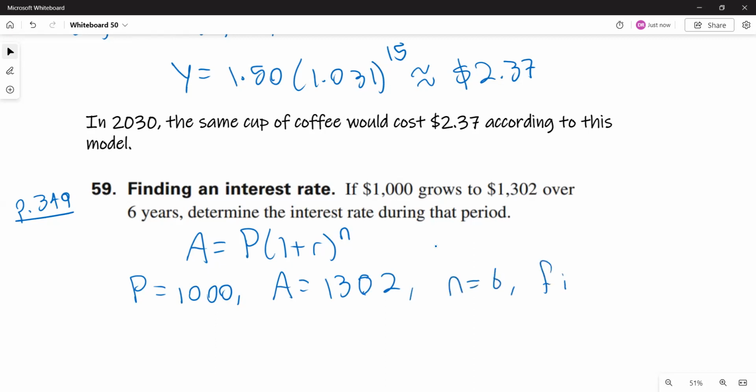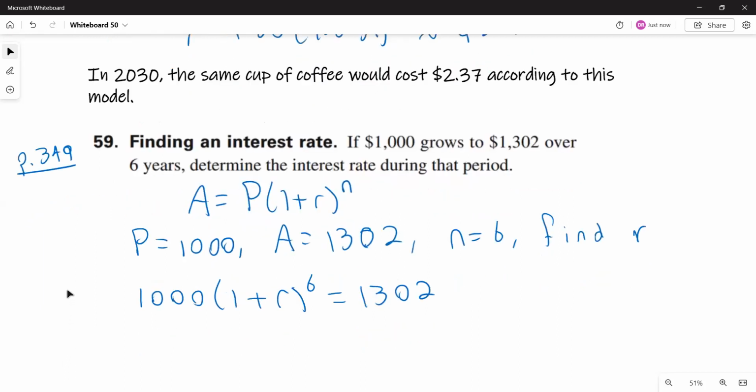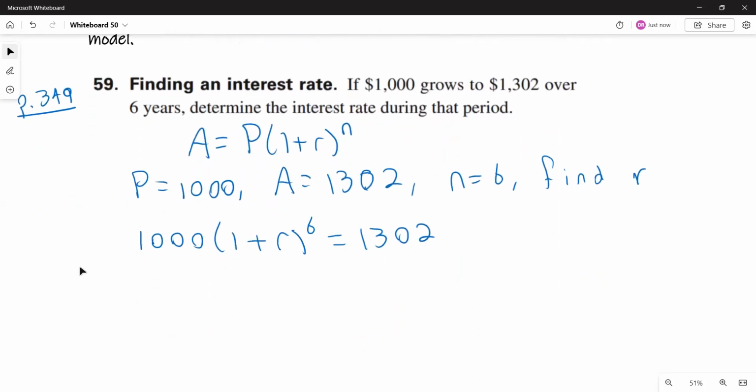We're going to find the interest rate, and we're going to write R as a percent. 1,000 times 1 plus R raised to the 6th power is $1,302. Divide this by 1,000, and 1 plus R to the 6th power is 1,302 over 1,000, or 1.302.